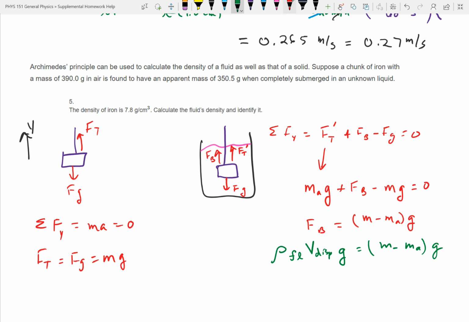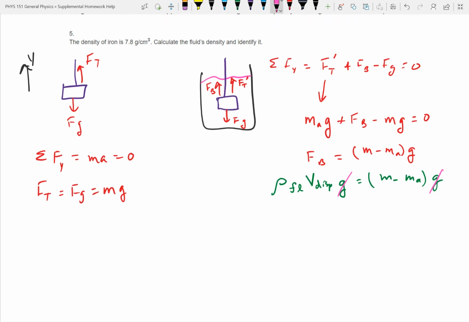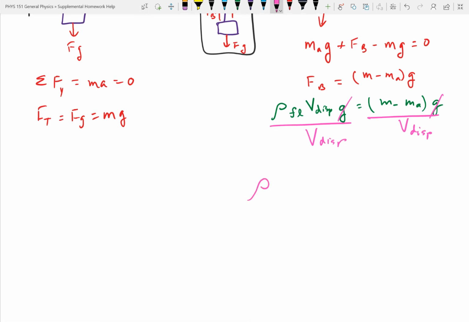Now there's an obvious thing to do. I have a g on both sides, so let's cancel that g. And I'm looking for the density of the fluid, so I'm going to divide everything by the volume displaced. And I have density of the fluid is equal to m minus m apparent divided by the volume displaced.